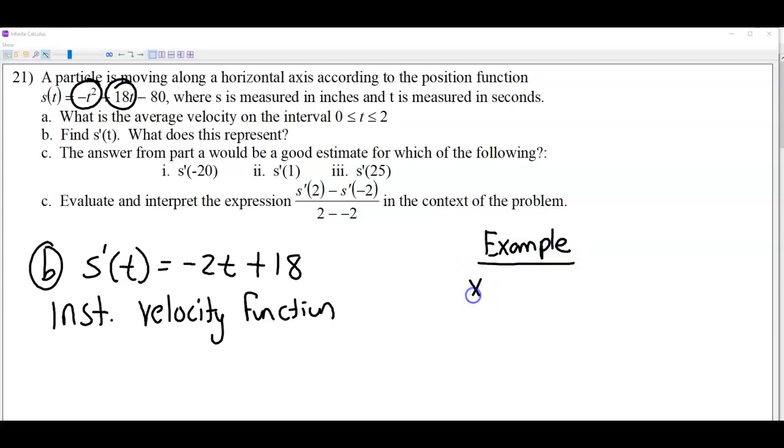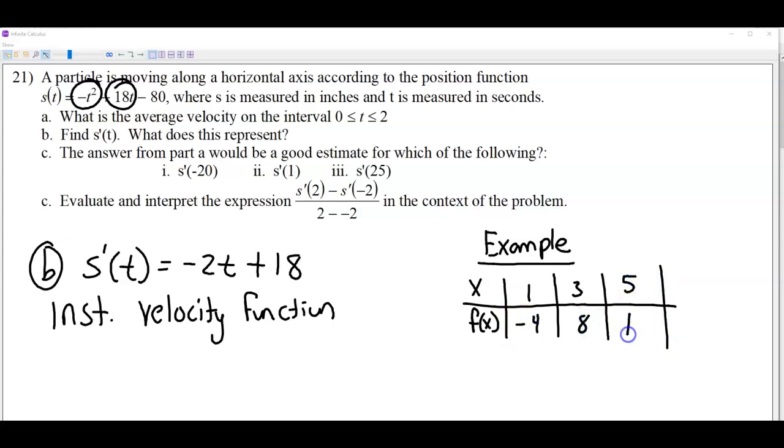If I told you this is x and this is f of x, and I give you a couple of x values here, and a couple of y values that go with them. All right, and I was to ask you to estimate f prime of 4, what would you do?